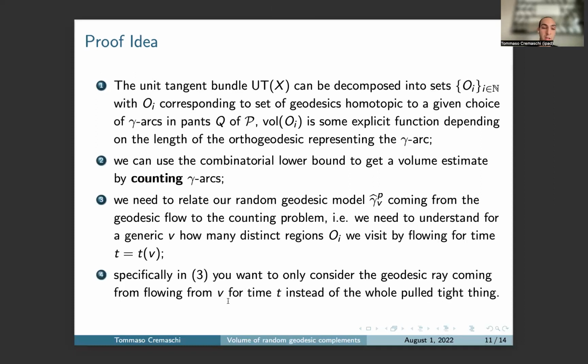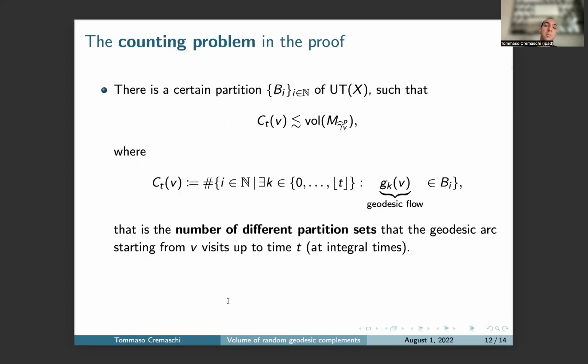And specifically, you want to check this not even for the closed loop, but just for the geodesic ray. And so the counting problem at the end is, okay, you need to actually refine a little bit the partition that I mentioned before. The B_I are not exactly the O_I because we need to use smooth functions.